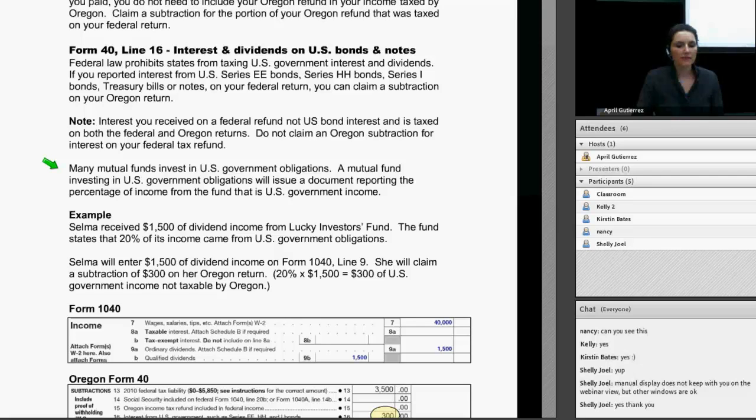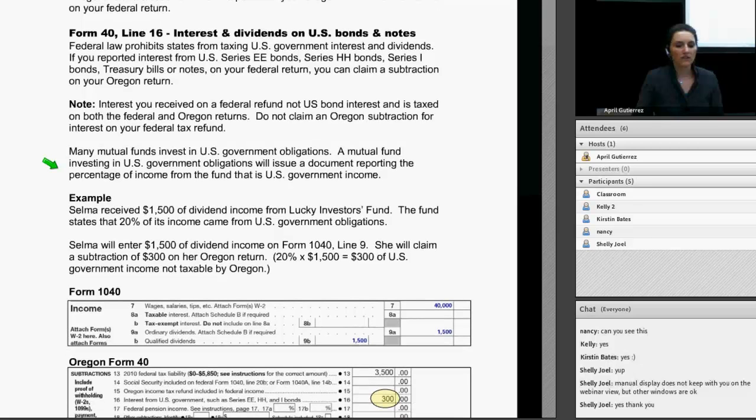Many mutual funds invest in U.S. government obligations. A mutual fund investing in U.S. government obligations will issue a document reporting the percentage of income from the fund that is U.S. government income. There is a difference in how Oregon treats these types of bond funds and how other states treat them.